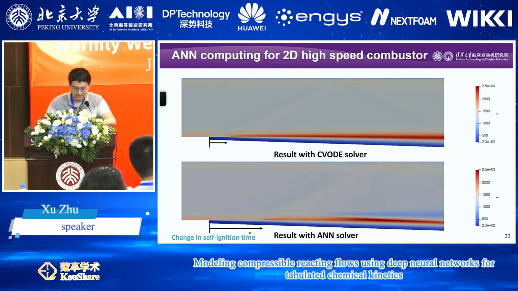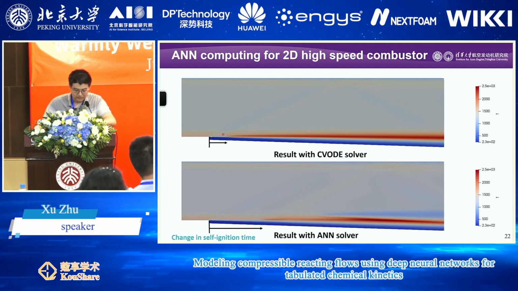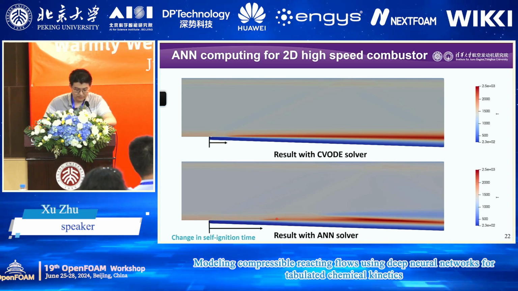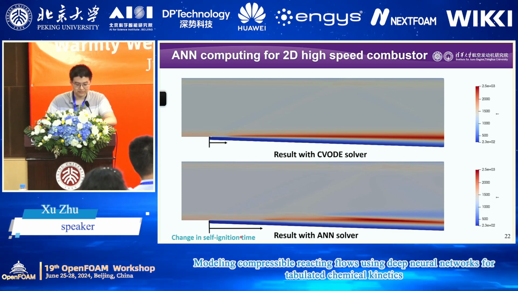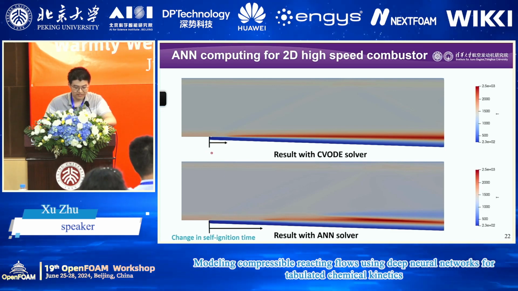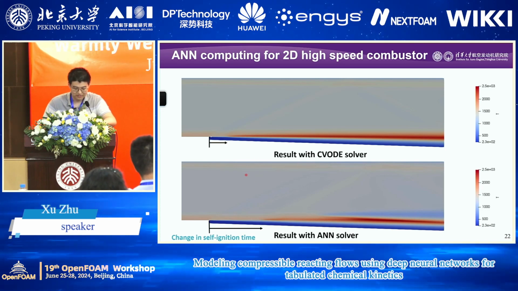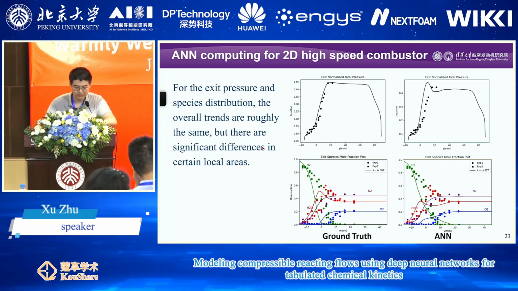We can see that the lift distance of the flame changes because there's a change in self-ignition time, which denotes the error of the ANN method. But the overall result is quite good compared with the original CVODE method.